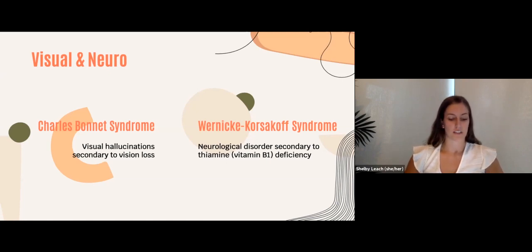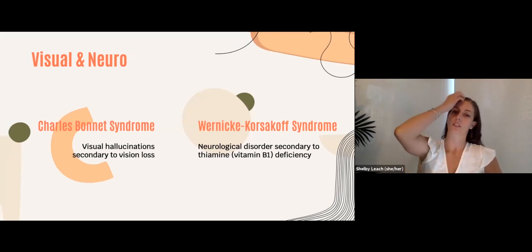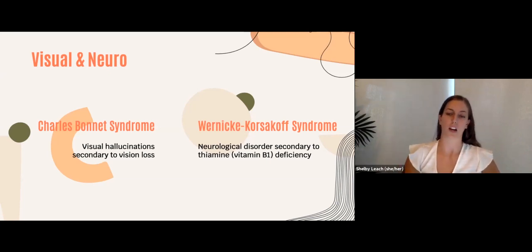Lastly, Wernicke's encephalopathy and Korsakoff's psychosis. This is also known as Wernicke-Korsakoff syndrome, a neurological disorder secondary to thiamine or vitamin B1 deficiency. Wernicke's encephalopathy is the acute phase, and Korsakoff psychosis is the chronic phase.